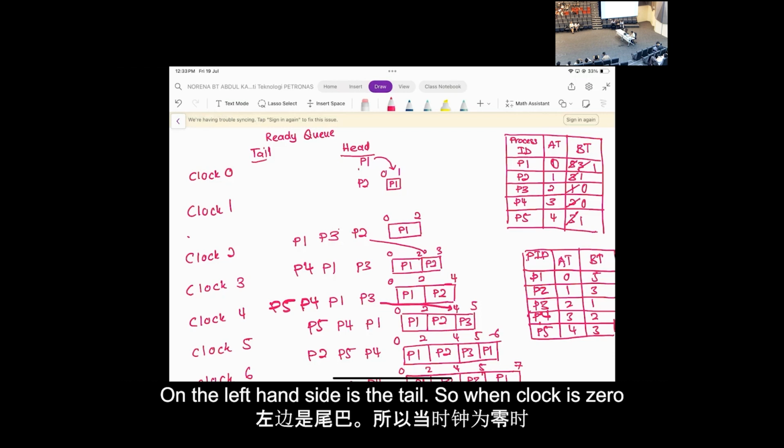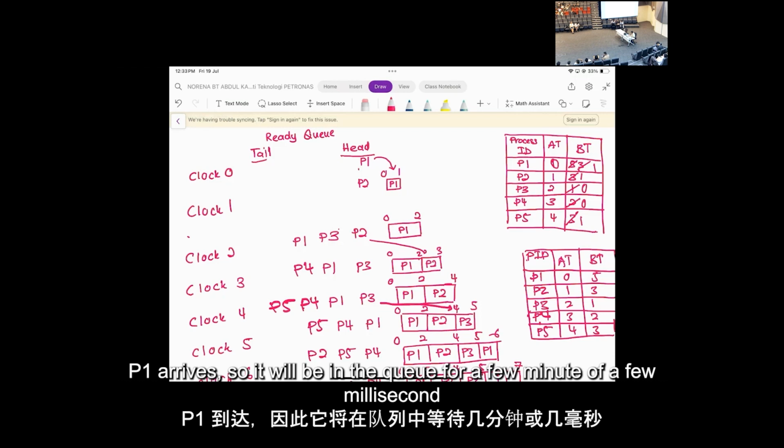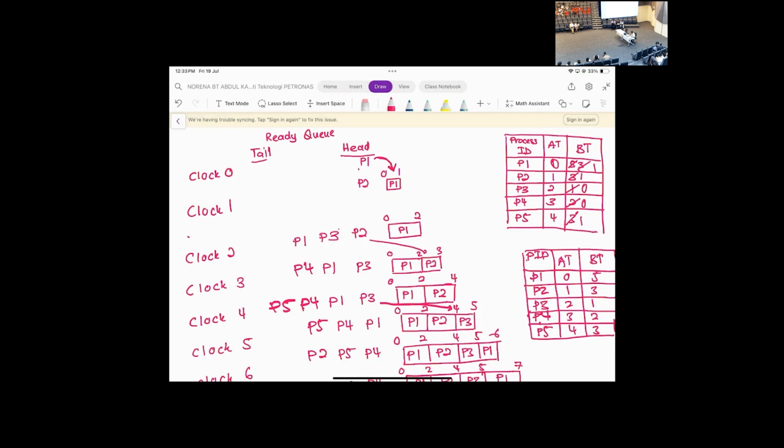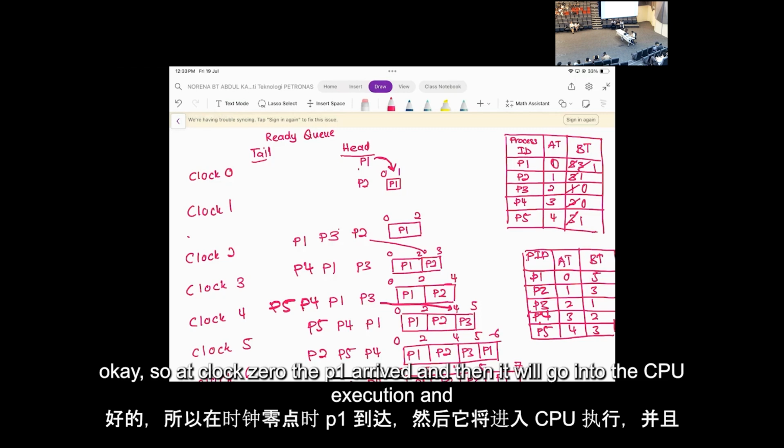So when the clock is 0, P1 arrives. It will be in the queue for a while, and then it will go into the CPU execution.